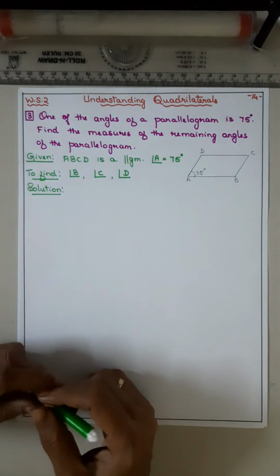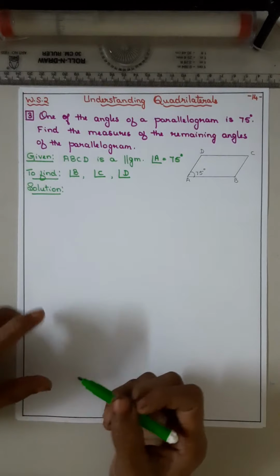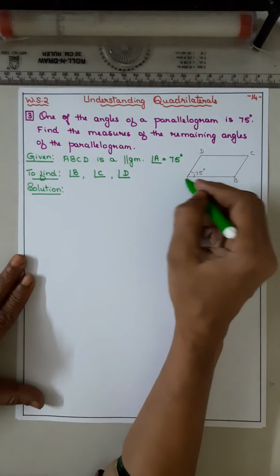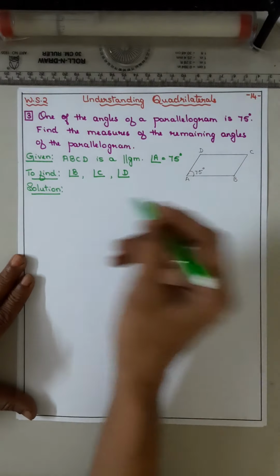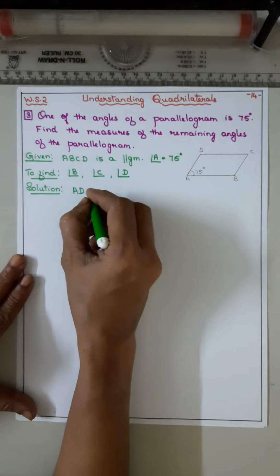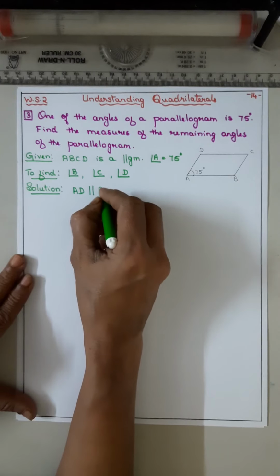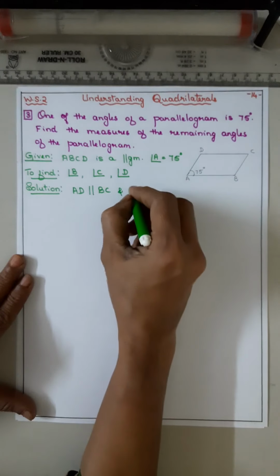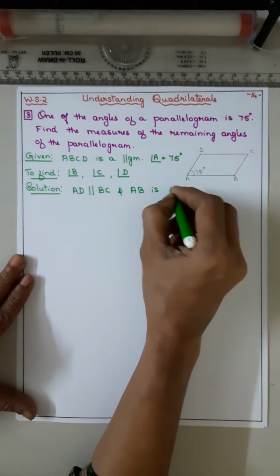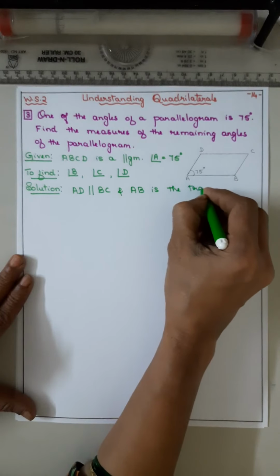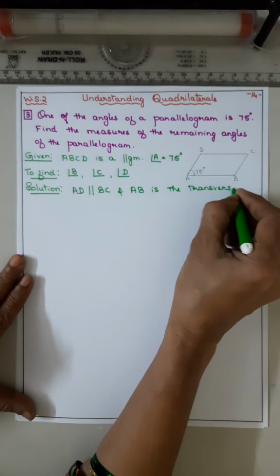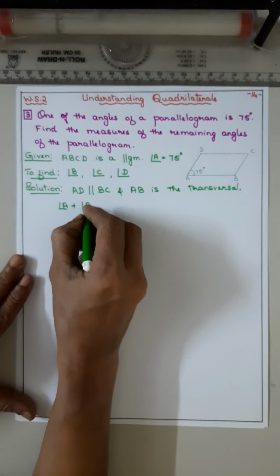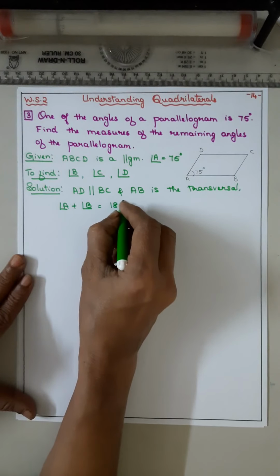Now solution, you know AD is parallel to BC and take AB as the transversal. So write AD is parallel to BC because it is a parallelogram and AB is the transversal. That means angle A plus angle B should be equal to 180 degrees.